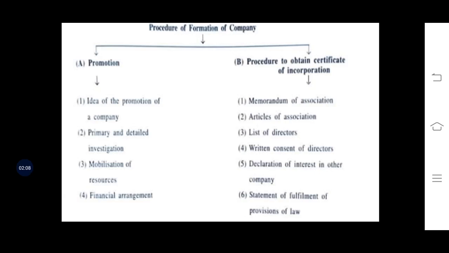Now, before commencing the business, when the company goes to the registrar office, it has to submit particular documents which will prove that the company is bound by all the laws of the Companies Act and is following all the rules and regulations.